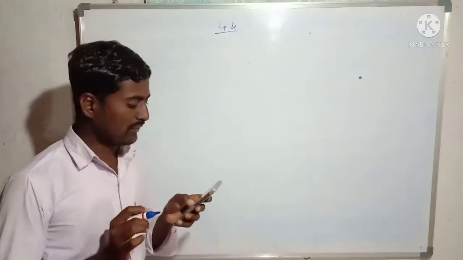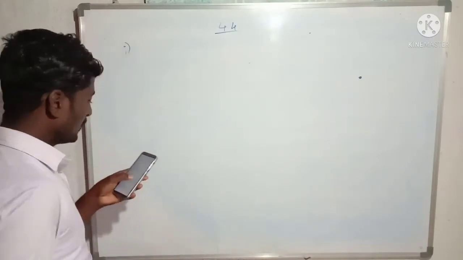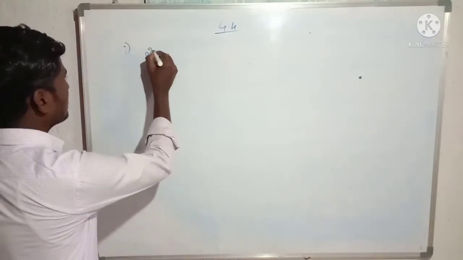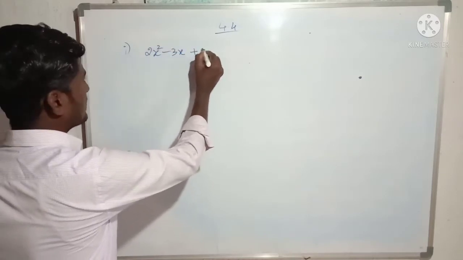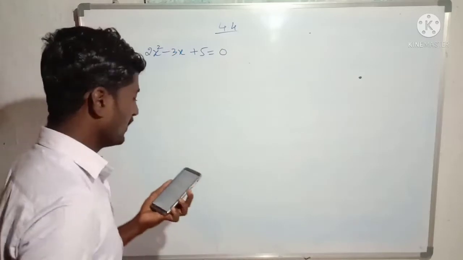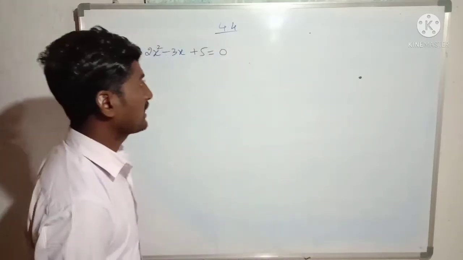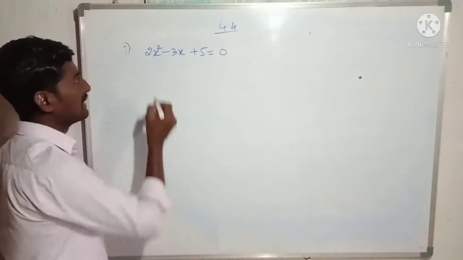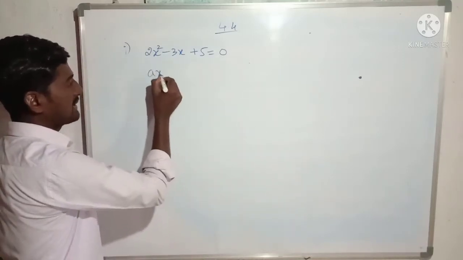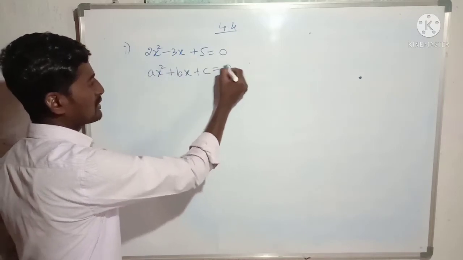Let us take the first one: 2x square minus 3x plus 5 is equal to 0. We have to find the nature of this root. For that I have to find the discriminant, that is b square minus 4ac. Let us compare this with the standard form, ax square plus bx plus c is equal to 0.